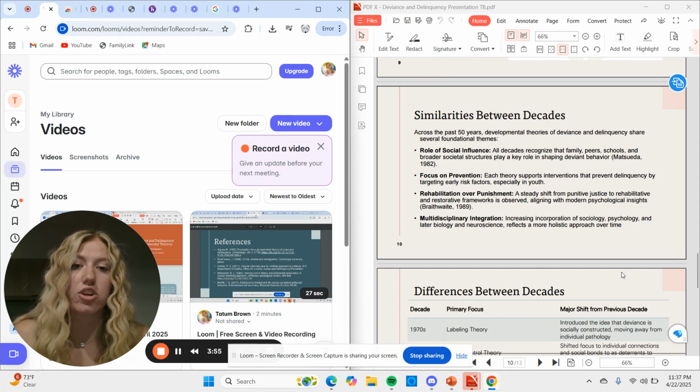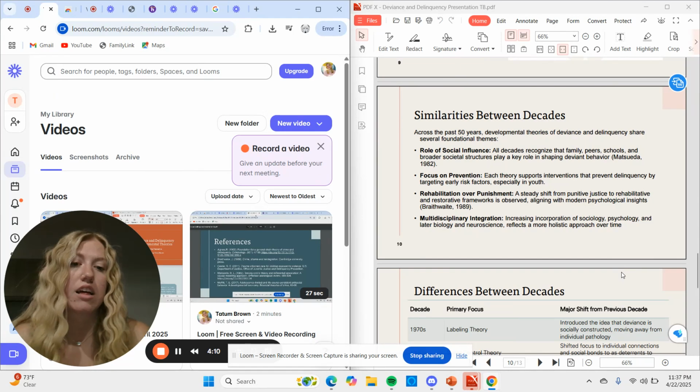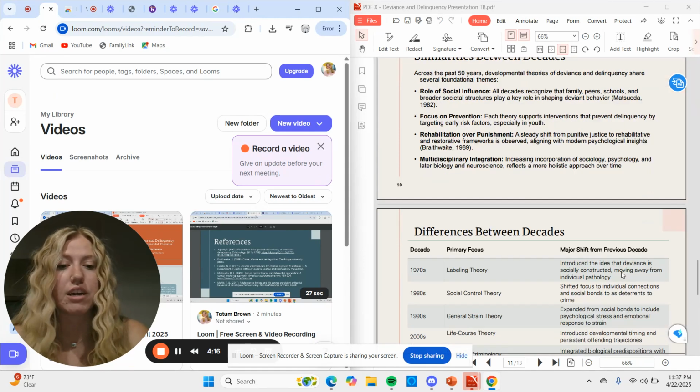All of these show how interventions can prevent delinquency and integrate psychology, biology, and neuroscience in a more holistic approach over time. So there are a lot of similarities between the 50 years.